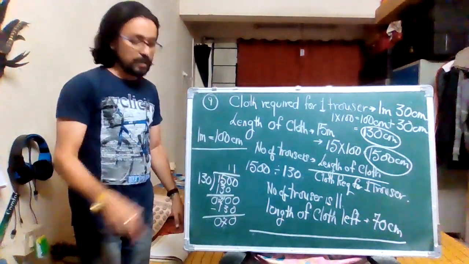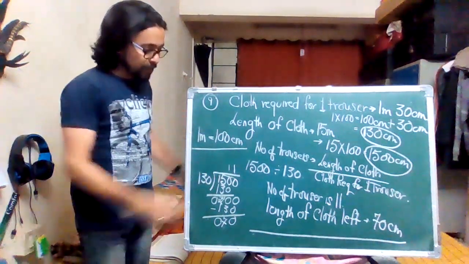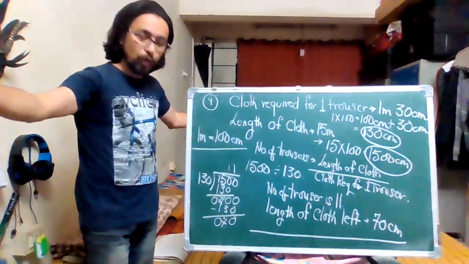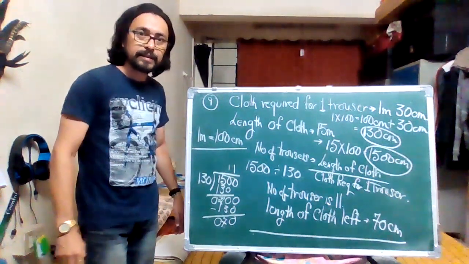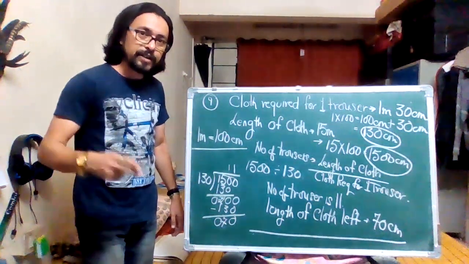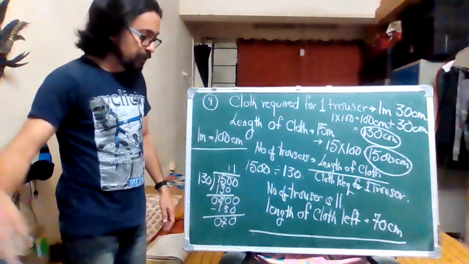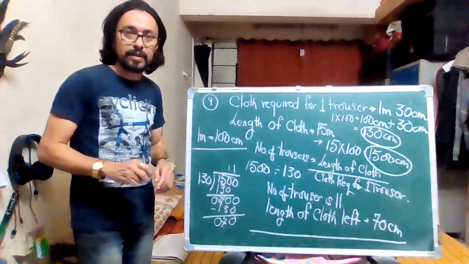And that's my answer. So the number of trousers that will be made out of a big length of cloth that is 1,500 centimeters long, if each trouser requires 130 centimeters of cloth, and I go on cutting 130, 130, 130, I will get 11 pieces, out of which I can make 11 trousers.